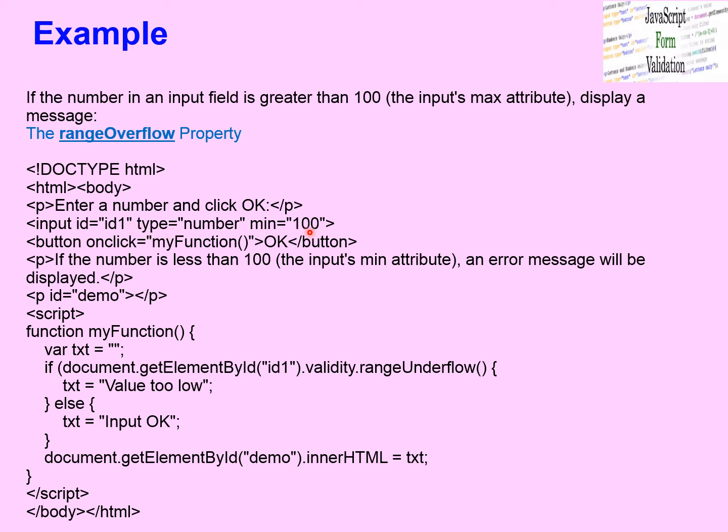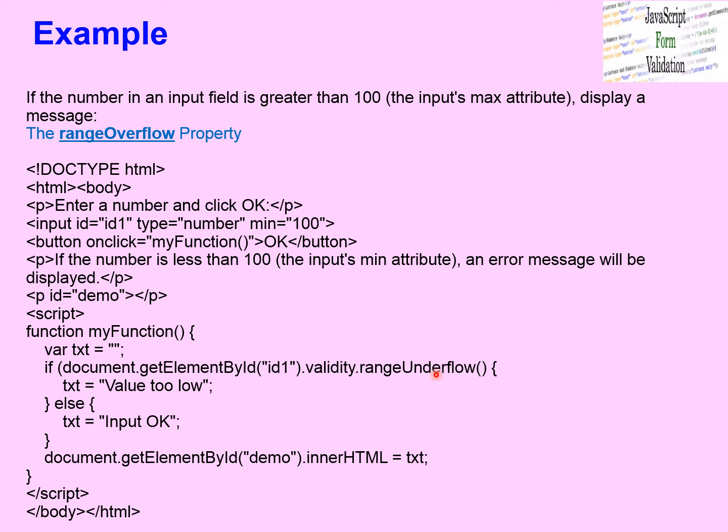So it will check the user-inputted value in the box id1 using the validity.rangeUnderflow property. This rangeUnderflow will check the value in the corresponding field.